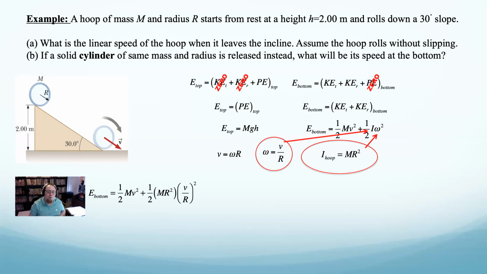Well, I was mr squared and omega is v over r. That gives me v over r squared, which is v squared over r squared. And if you look at this, I have 1/2 mr squared times v squared divided by r squared. My r squareds can cancel out, leaving me with 1/2 mv squared plus 1/2 mv squared.